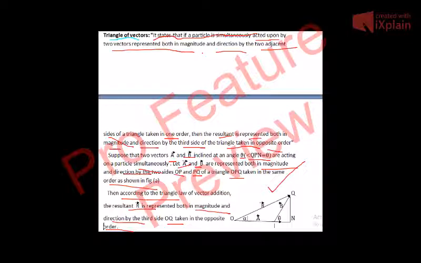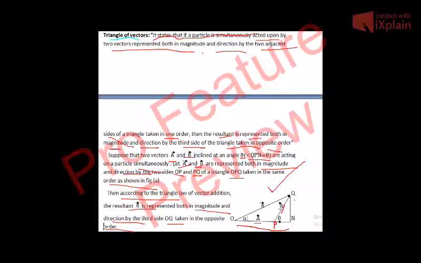Here we have a triangle OPQ. Vector A is represented by side OP, and vector B is represented by side PQ.